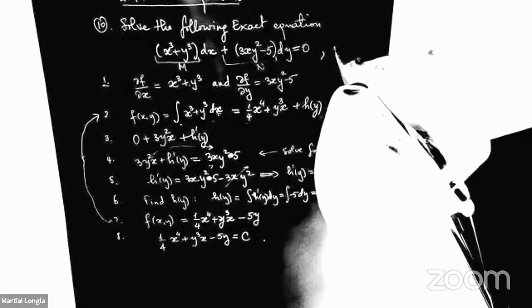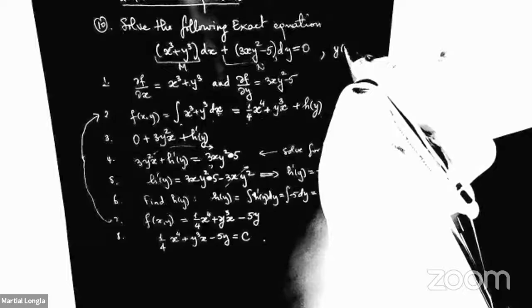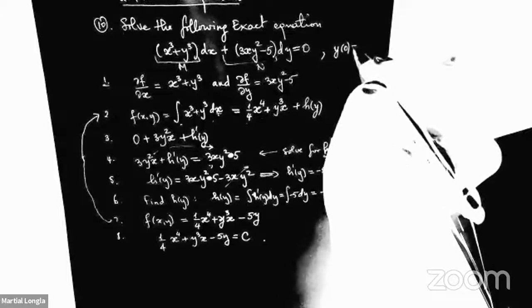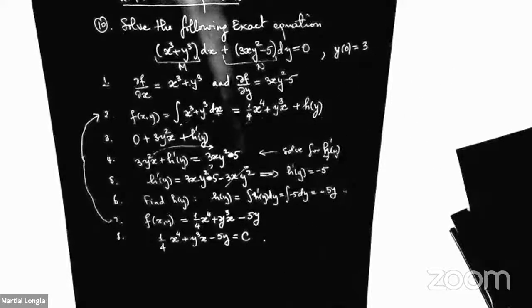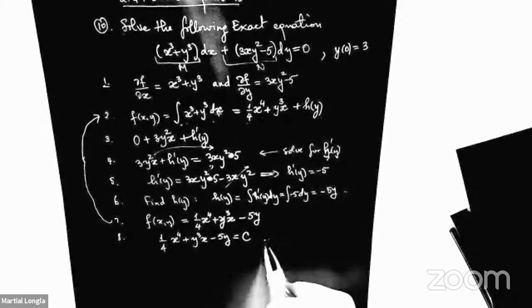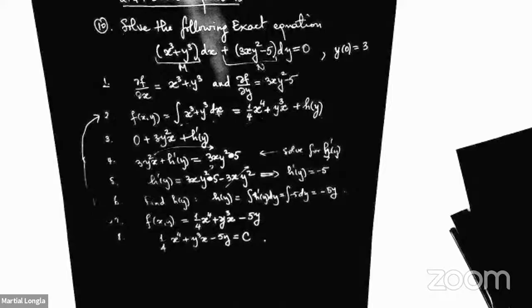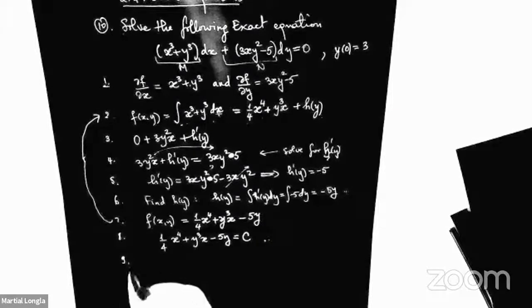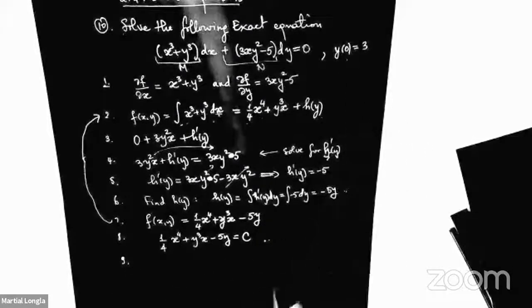Let me say y of 0 equals 3. And I'm going to ask Ethan, what do we do next when we get here and we know what I just wrote? You're going to plug in for x and y to solve for c. Exactly. So we are going to plug in these values to solve for c.